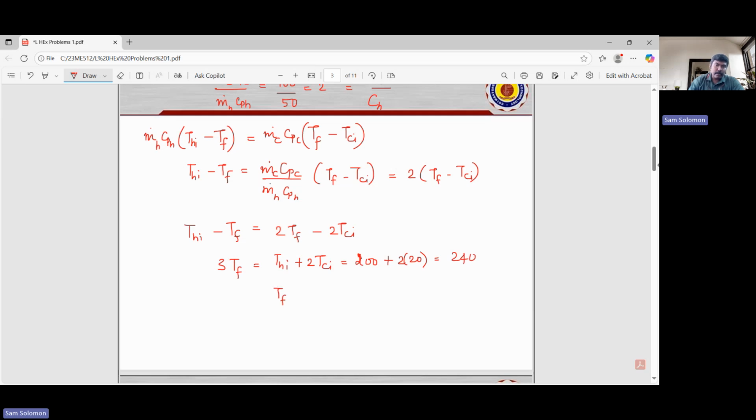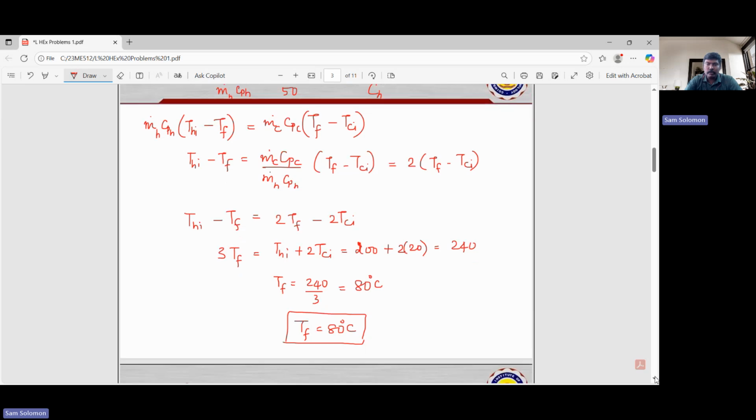And so Tf is going to be 240 divided by 3, which gives us 80 degrees centigrade. So this is the minimum temperature to which your hot fluid can be cooled and the maximum temperature to which the cold fluid can be heated up. So that is our first question.